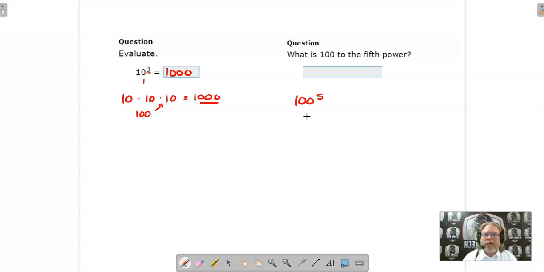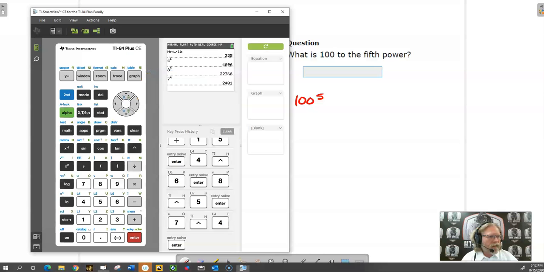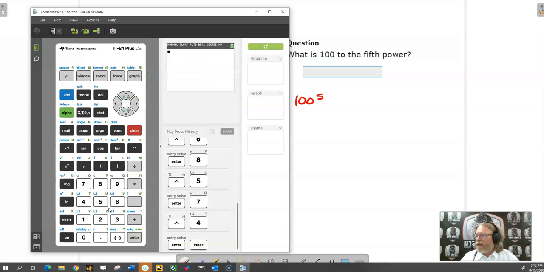Well, I'll show you what happens on a calculator. Let's look at the calculator, and what happens whenever we do 100 to the 5th. So I'll go ahead and clear this out. 100 raised to the 5th. So if you're using a calculator and you're trying to do your homework and you come up with this, what in the world is 1E10?